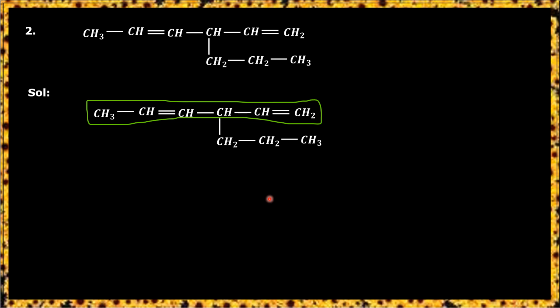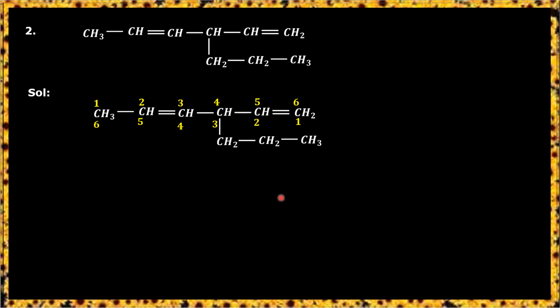To this parent chain, numbering can be done either from left to right or from right to left. First, I am numbering from left to right. Next, I will number from right to left also. So which way of numbering is correct?